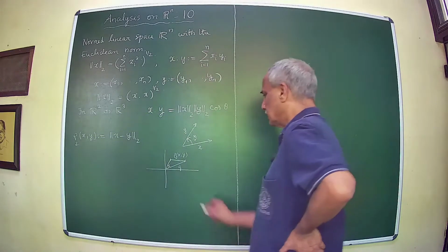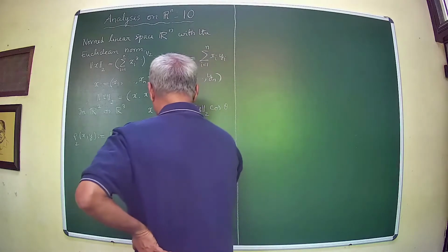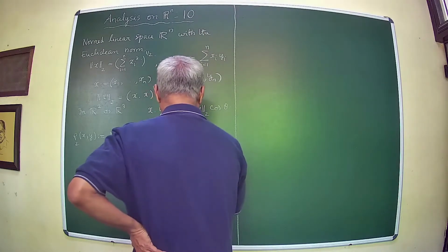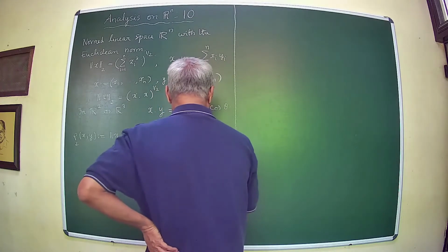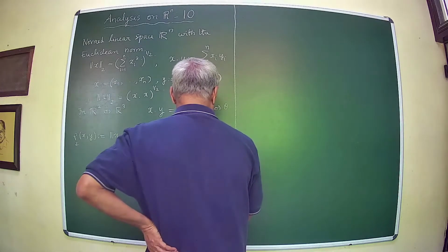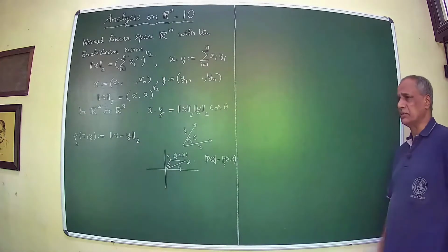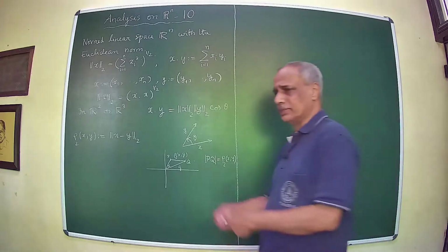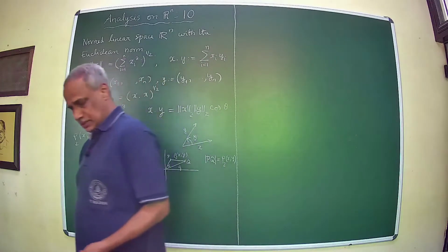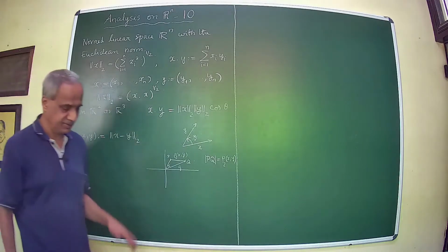That is the distance between these 2 points, that is the point P and the point Q, say. So distance rho 2 of P, Q. This is what it is. That's the direct distance between those 2 points. In fact, you have the analogous thing in Rn also.